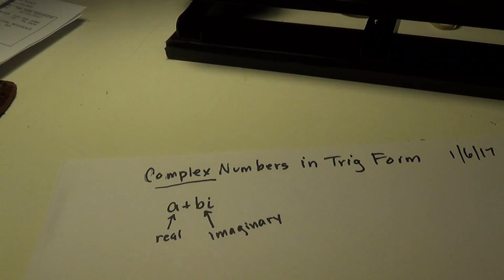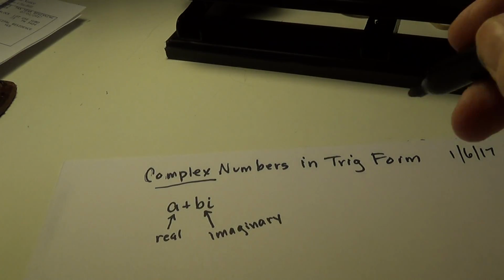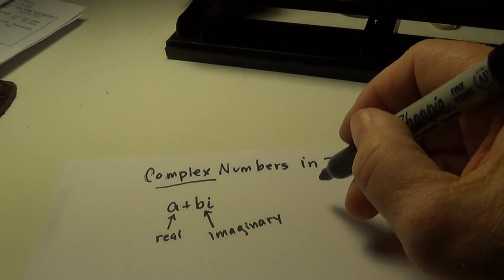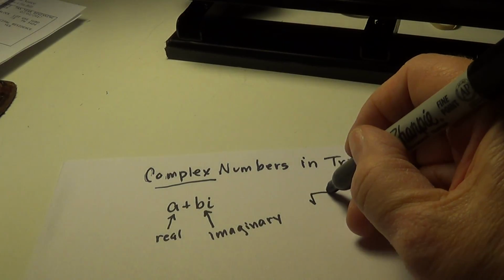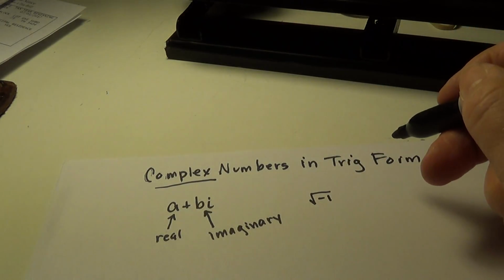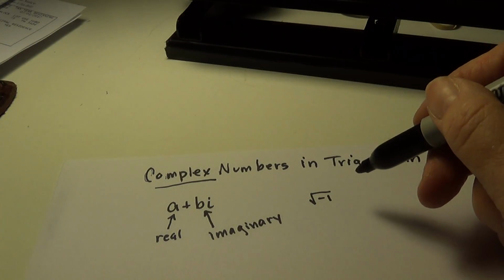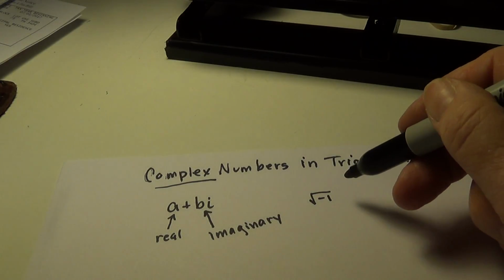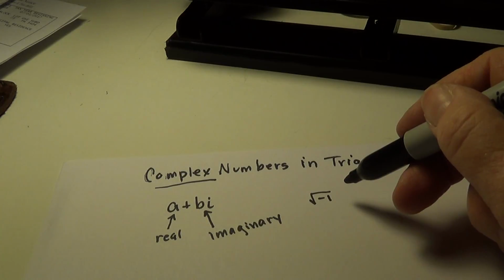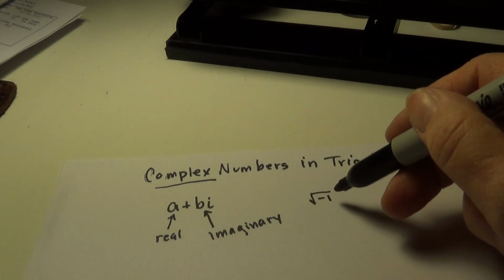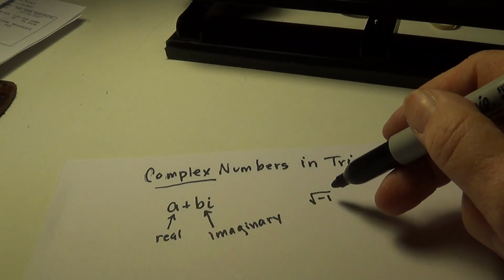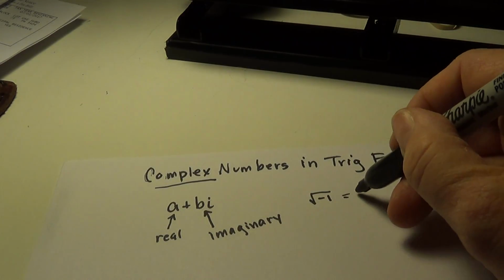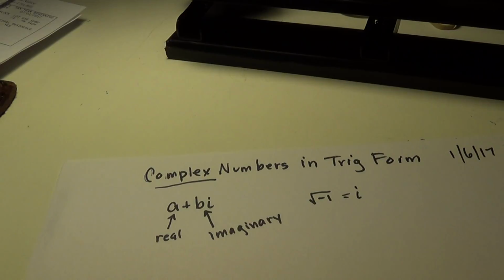And you'll recall what imaginary meant from your pre-PreCalc classes. The square root of -1 does not exist in the real number system, because what number times itself gives you -1? That's what a square root would be. So there is no number times itself that will give you -1. So we call it an i.